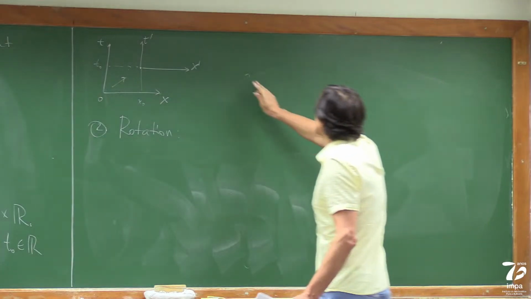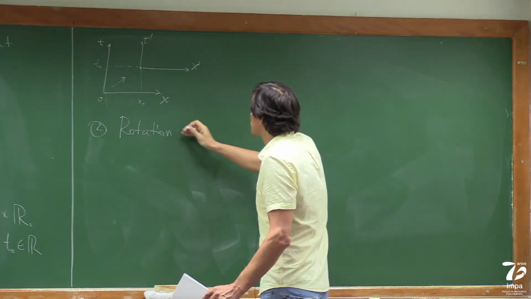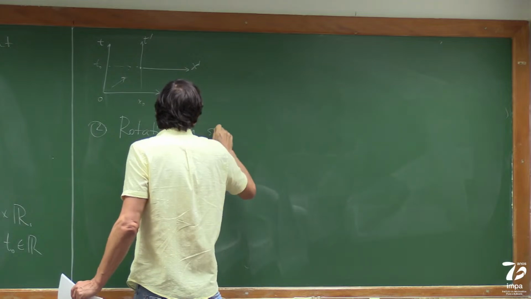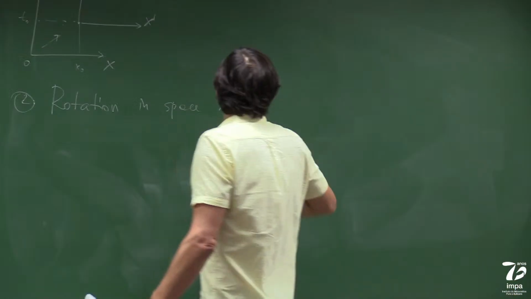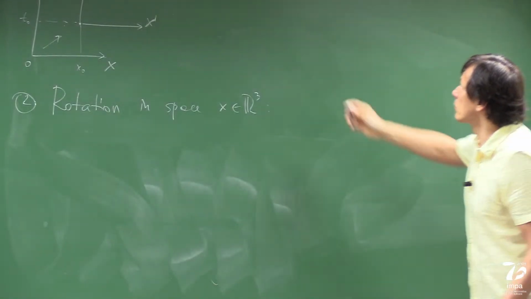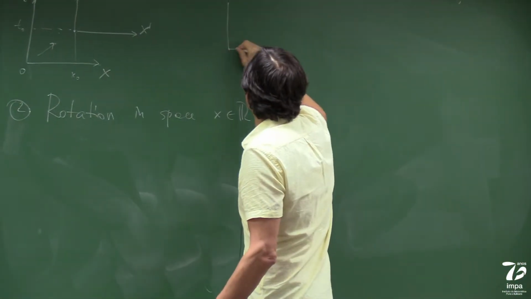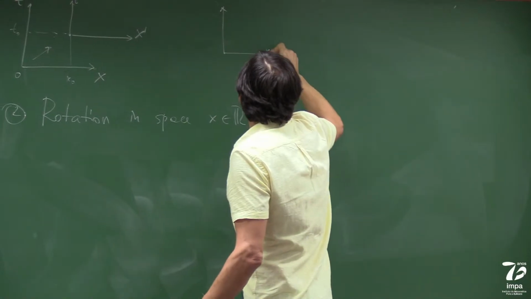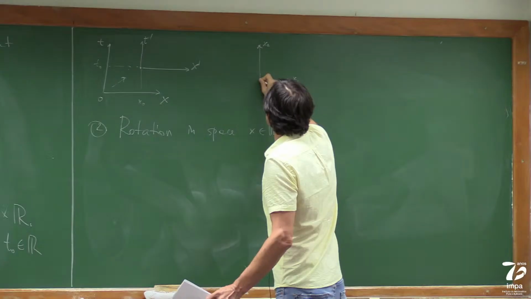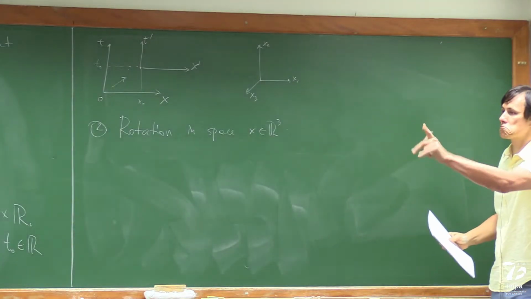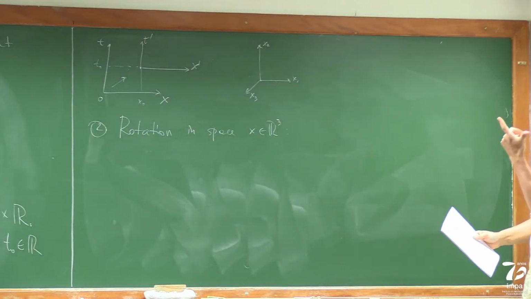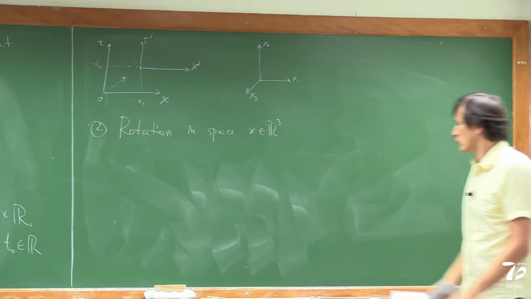That's another simple concept, because rotation in three-dimensional space tells you that the coordinate axes which you define, you can put three axes in any direction. Right? It's just important that they're orthogonal.